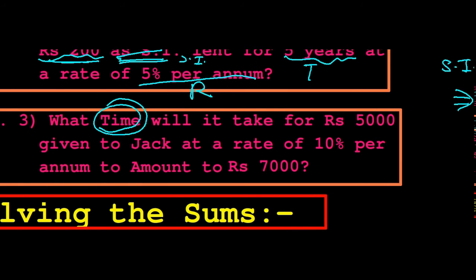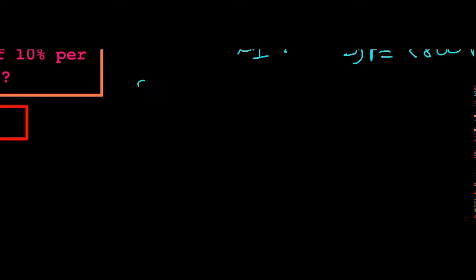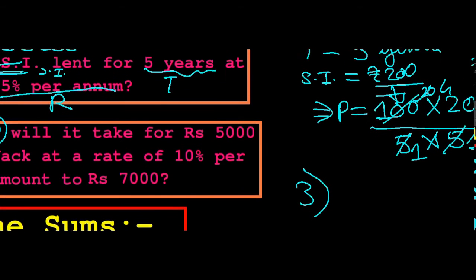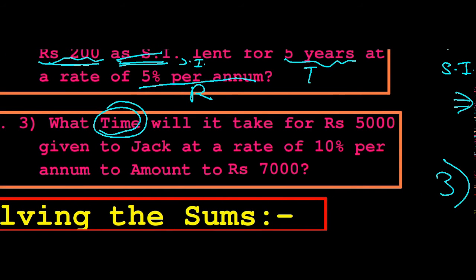This is sum number 3, and in this sum we will write: what time will it take for rupees 5,000. This rupees 5,000 is the principal or the P, given to Jack at a rate of 10% per annum. Friends, this is R or the rate percent, to amount to rupees 7,000.